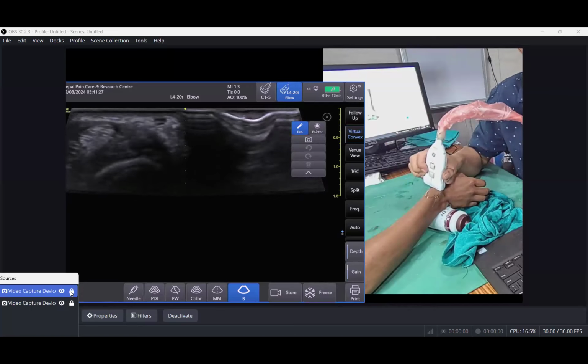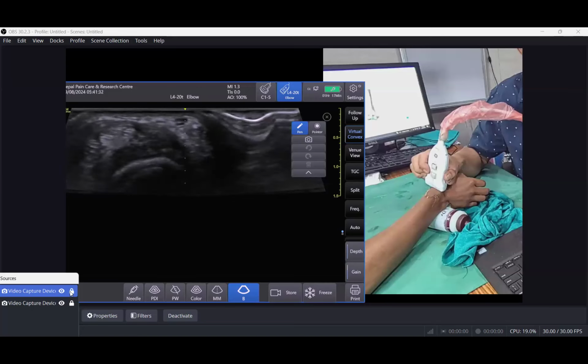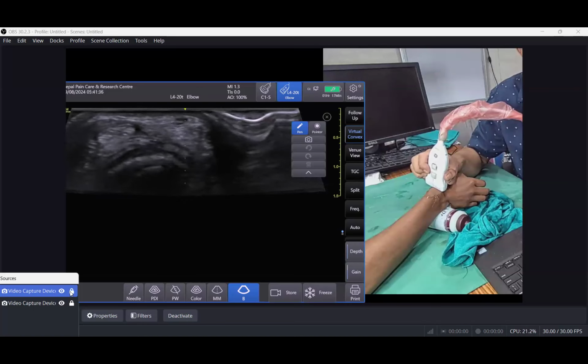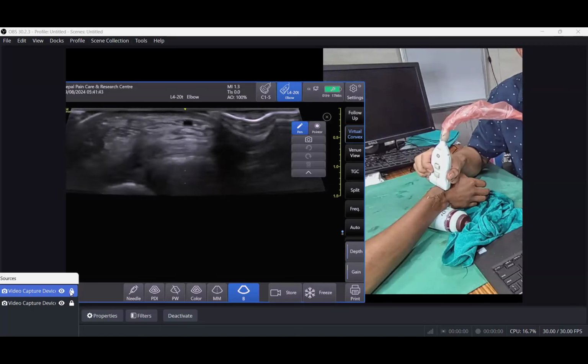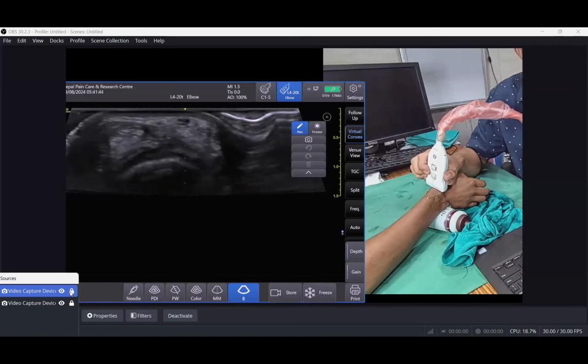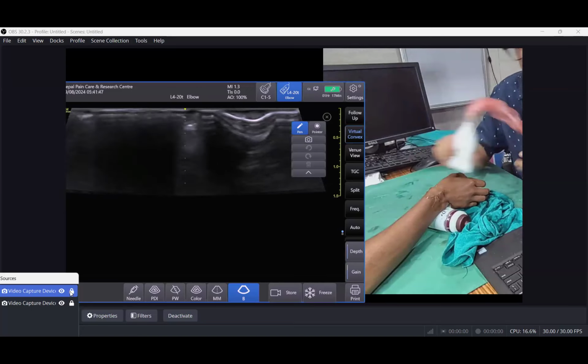superficial radial nerve. Okay, so in the center of my screen, can you see 2 hypoechoic structures? Can you see 2 black structures?